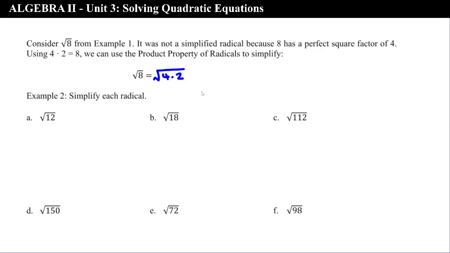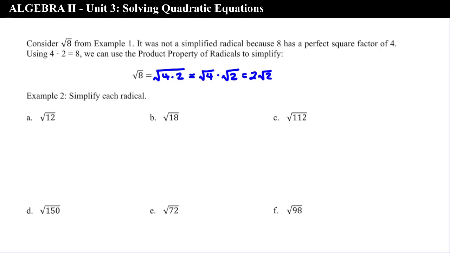We've got two things being multiplied under the square root symbol in the radical. So we can split that up as the square root of 4 times the square root of 2. And the square root of 4 is simply 2, and it's multiplied by the square root of 2. So that would be the simplified form of square root of 8. It would be 2 times the square root of 2.